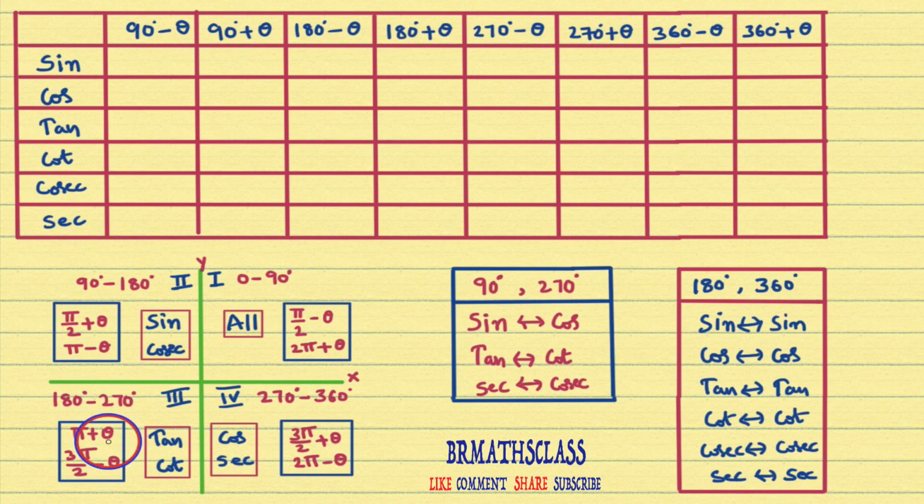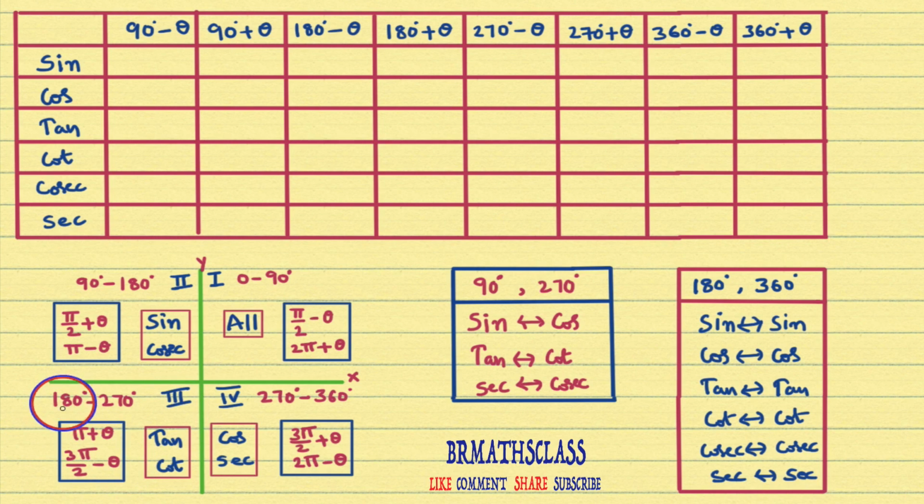Pi plus theta. Here theta is acute angle. Pi plus theta means greater than 180 degrees. We know that third quadrant range is 180 to 270 degrees. So, pi plus theta lies in third quadrant. 3 pi by 2 means 270 degrees. 270 degrees minus theta means less than 270 degrees. It will be in third quadrant only.